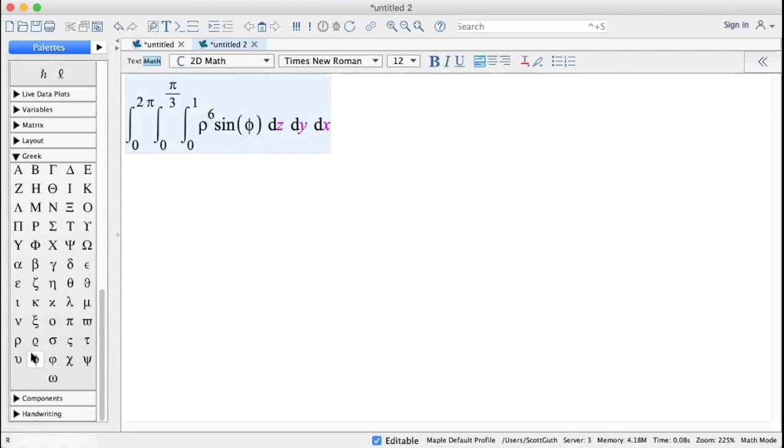And then you should do the cube outside of the sine and not inside. And then there's a cos of the same variable phi, and that should be squared outside of the parentheses like that. Okay. And then a sine squared theta, like that.